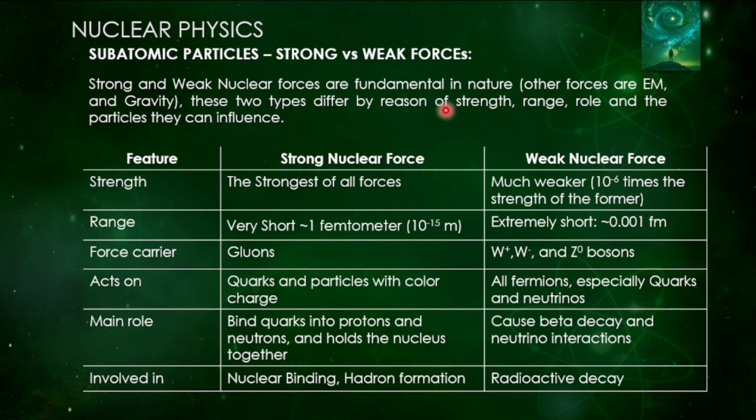Now, the strong nuclear force is involved in nuclear binding and the formation of hadrons, protons and neutrons, correct? Meanwhile, the main role of the weak nuclear force is triggering radioactive decay.